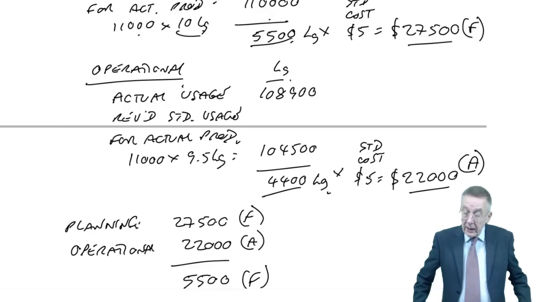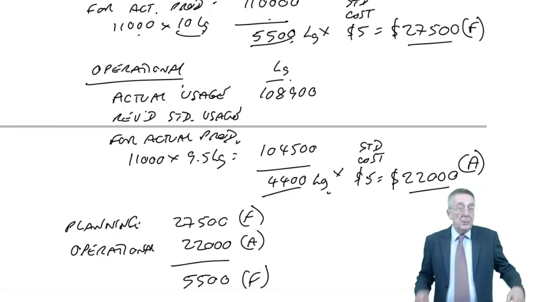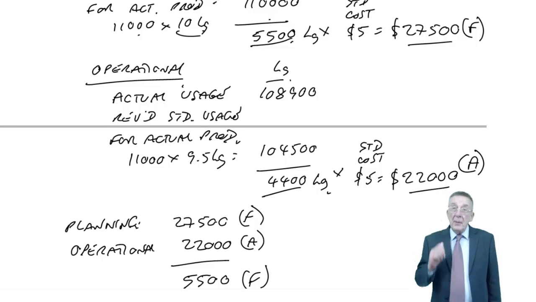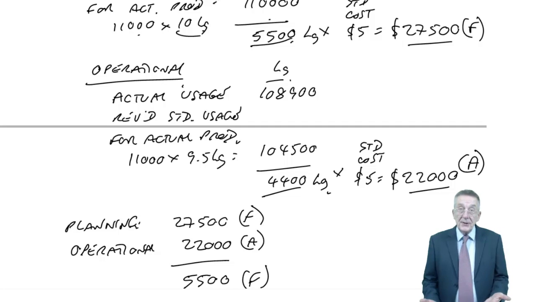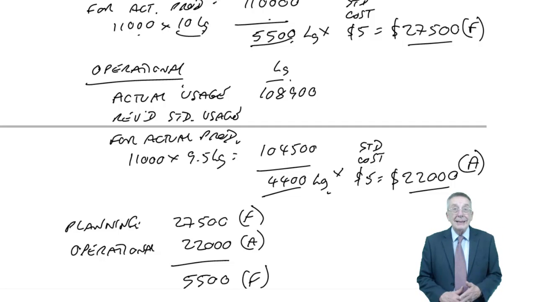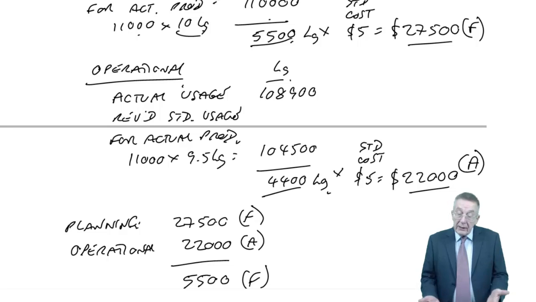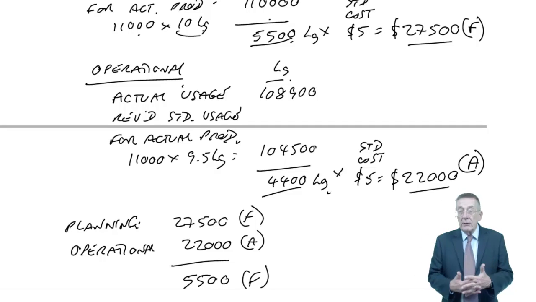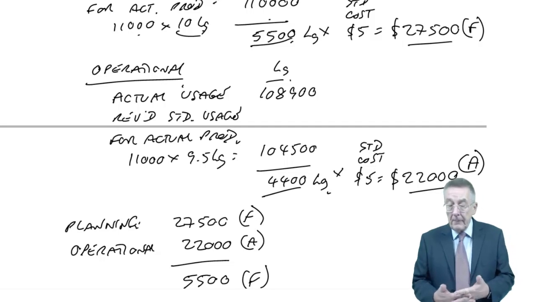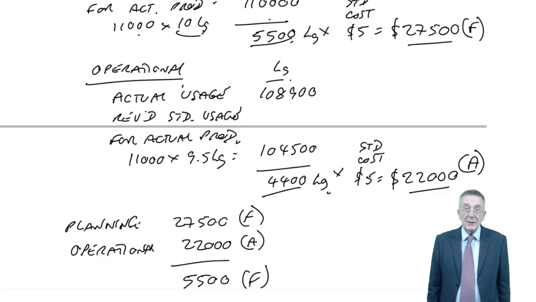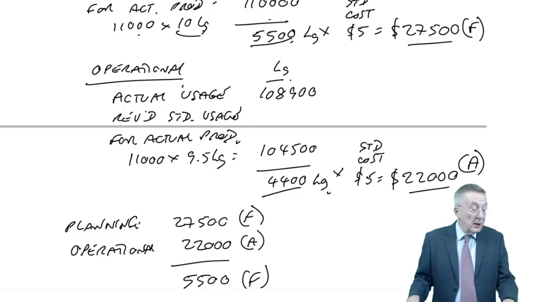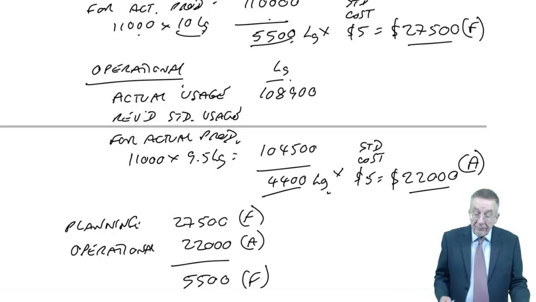But I'm going on about this because if you're using old books, you may find old books do it the way the previous examiner preferred, and they will end up with different answers. Now, I know that's confusing, but that's why you should be using current editions of revision kits or study texts. That is the best way to learn, certainly the easiest.